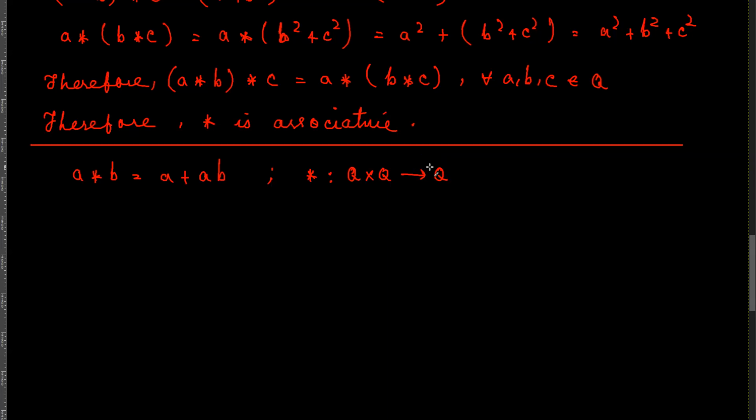Now what we have here is that for commutative, a star b is equal to a plus a times b, right?